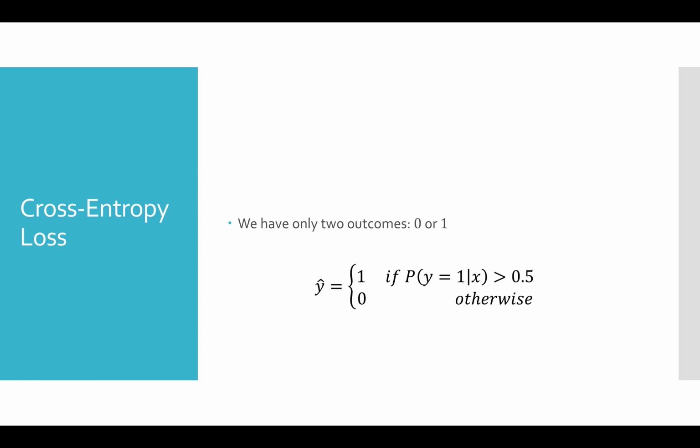So our prediction, like I said before, if the probability of the label given the sample is greater than 0.5, then we predict that label. So that's what this looks like, right? It's a piecewise function where the prediction is 1 if the probability that the label is 1 given the sample is greater than 0.5 and 0 otherwise.